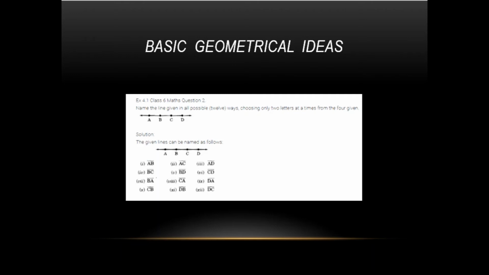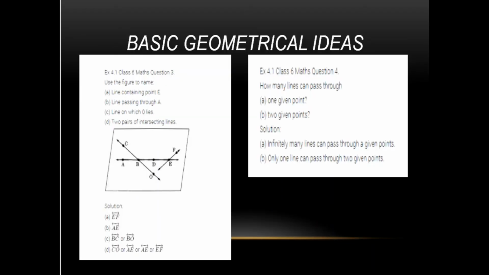Then comes next question. Use the figure to name line containing point E, a line passing through A. See, a line containing point E is EF. You can see in the figure EF. Then line passing through A. The line which is passing through A is AE.